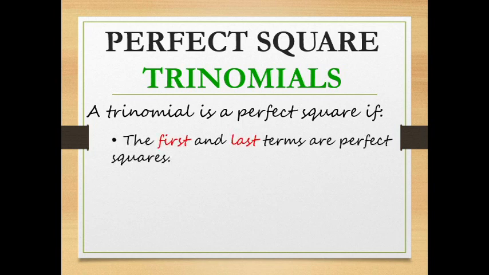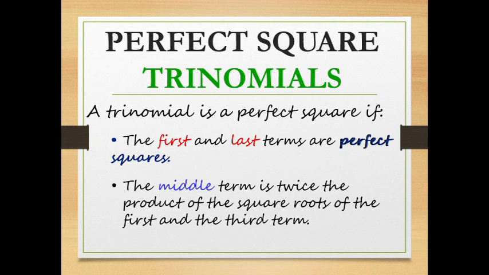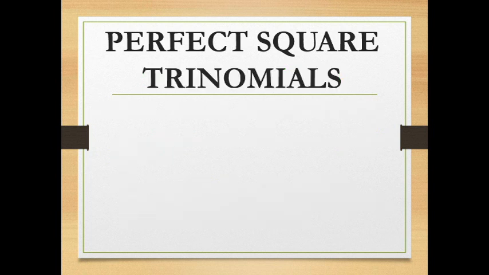Meron tayong dalawang pangunahing karakteristik ng perfect square trinomial. Una ay, the first and last terms are perfect squares. Kanina tinalakay na natin yung perfect squares. Sunod ay, the middle term is twice the product of the square roots of the first and the third term. Ano ibig sabihin yan? Malalaman nyo mamaya.